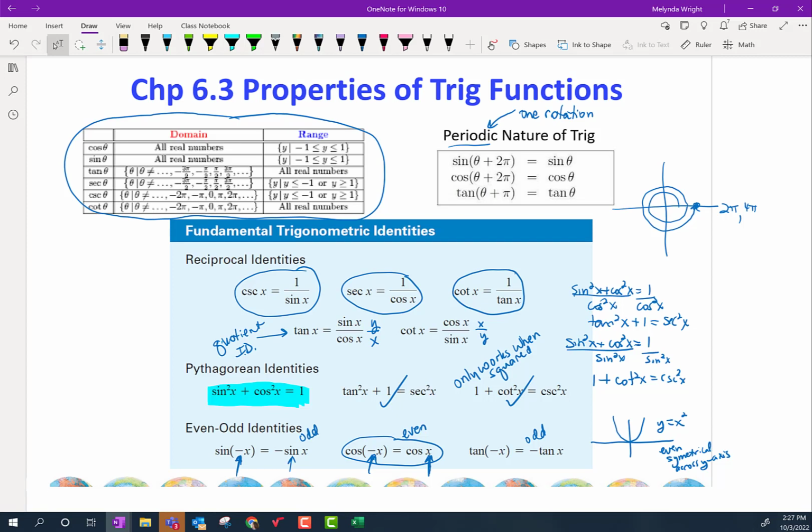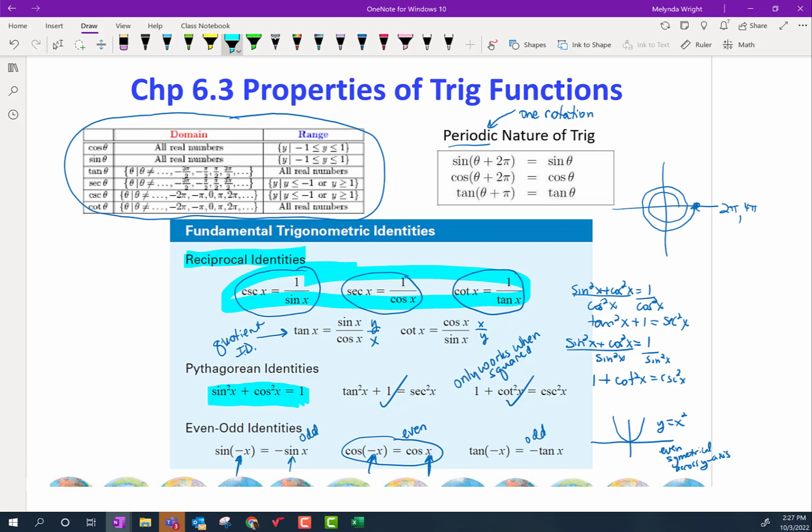So these are reciprocal identities, okay? When we do proofs, we're going to be naming the rule or the identity property that we're using. And so for these 6 right here, these are reciprocal identities.